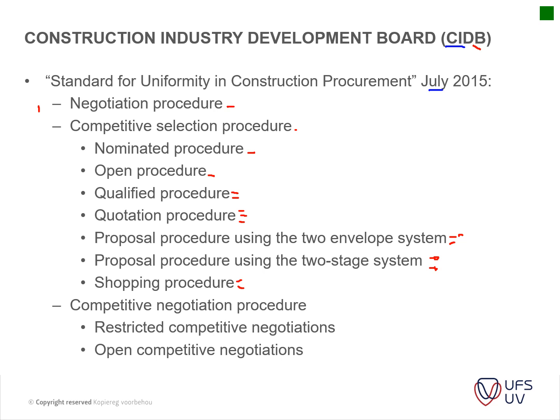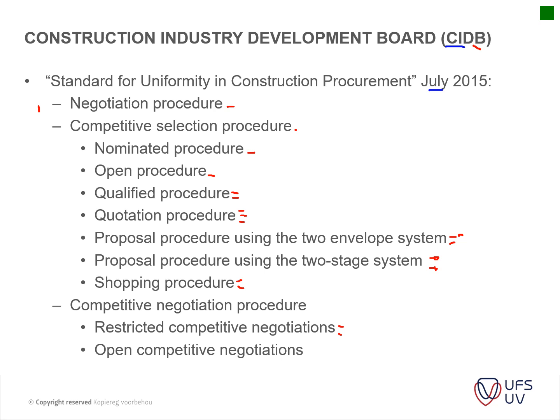And then you've got your competitive negotiated procedures, where you have restricted competition and negotiations, and that is where you shortlist your contractors again, and you go into a bit of a negotiation. So you might get the tenders back, and then you would say, okay, look, this is more or less what we've got.